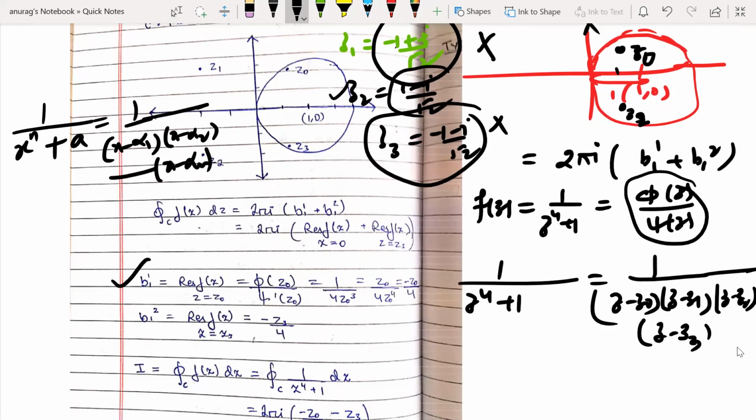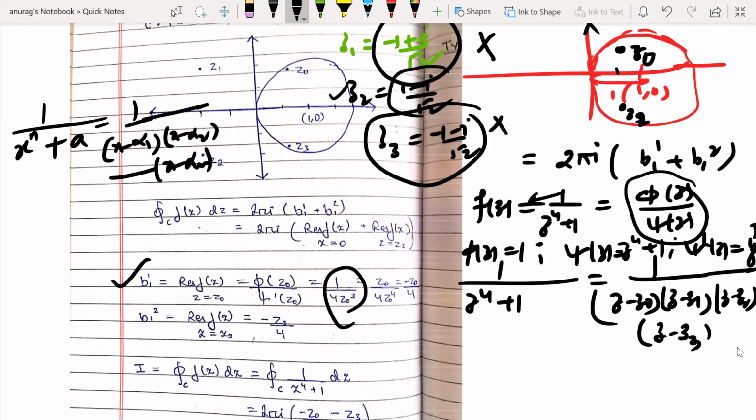So the residue at z equal to z naught is phi z naught upon psi dash z naught. So phi z is here 1. And what about psi z? Psi z is z to the power 4 plus 1, and its derivative is going to be 4z cube. Okay. At z naught, it will be 1 upon 4 z naught cube. Multiply z naught in the numerator and denominator, z naught upon 4 z naught to the power 4.